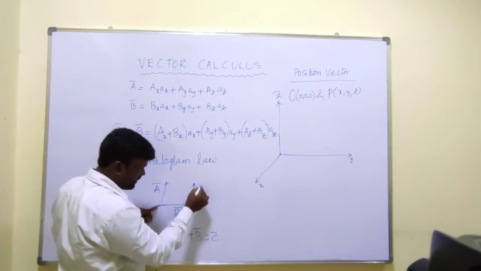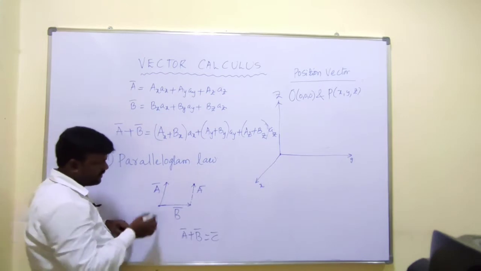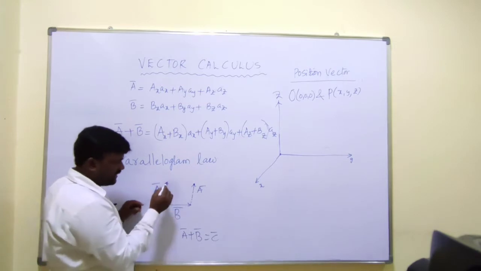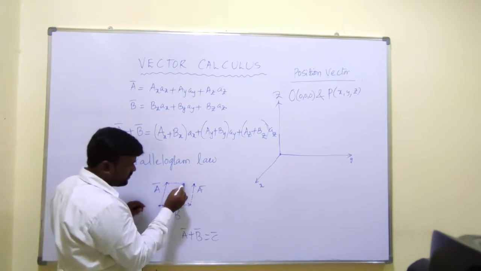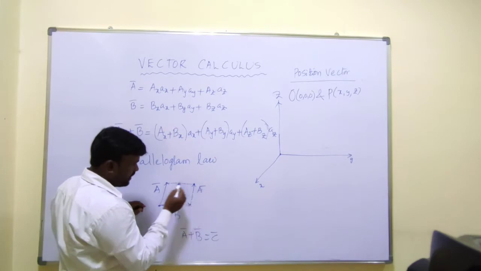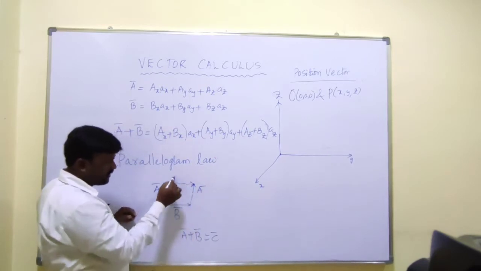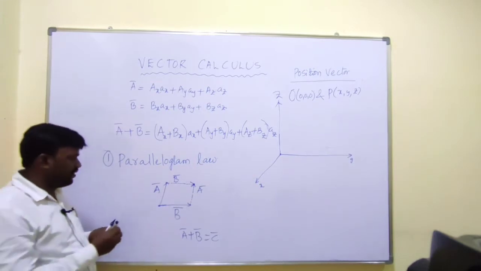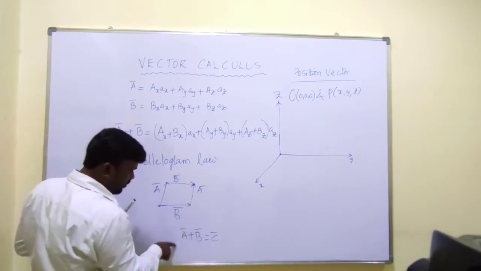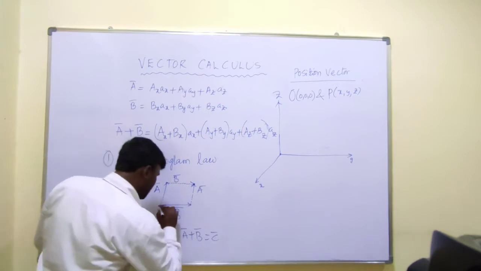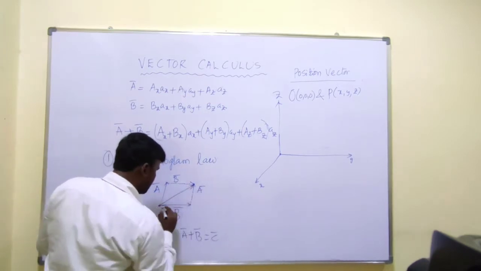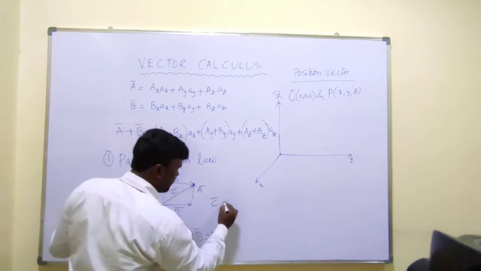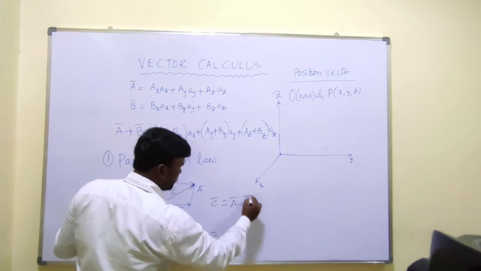Next, from the tip of this A bar, the head, draw a line like this, which looks like B bar. Then the resultant vector of A bar plus B bar is this, some C bar. C bar is equal to A bar plus B bar.